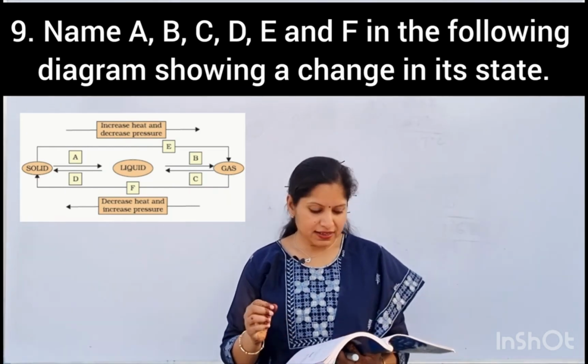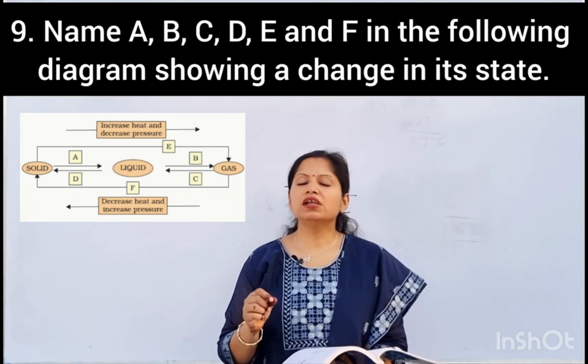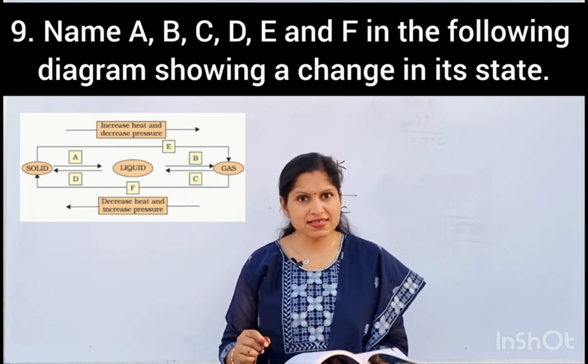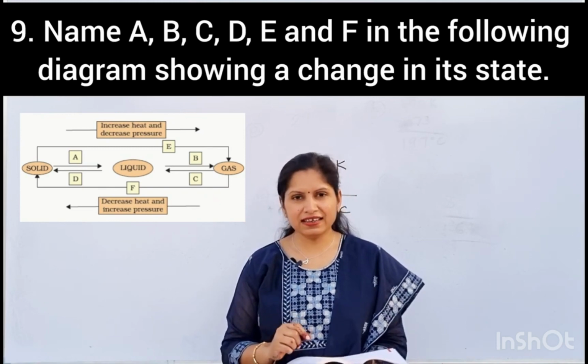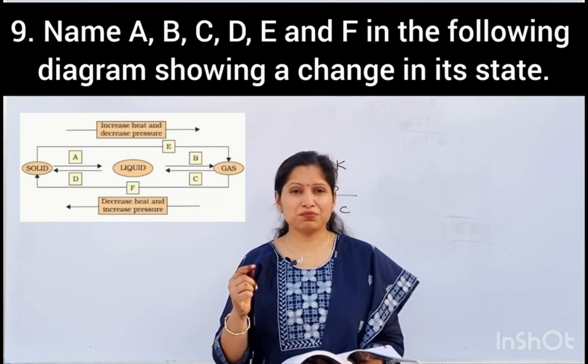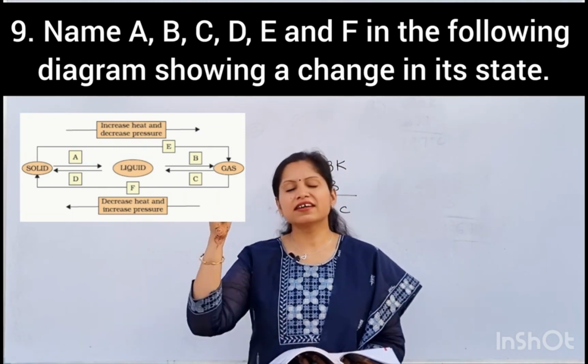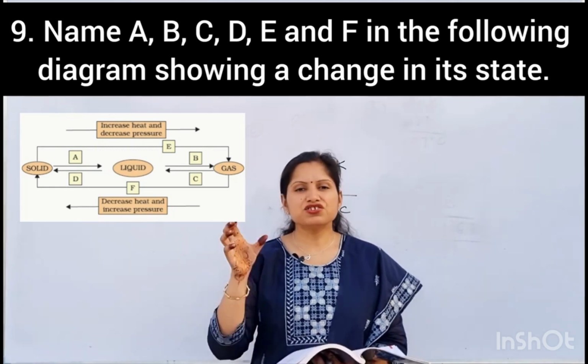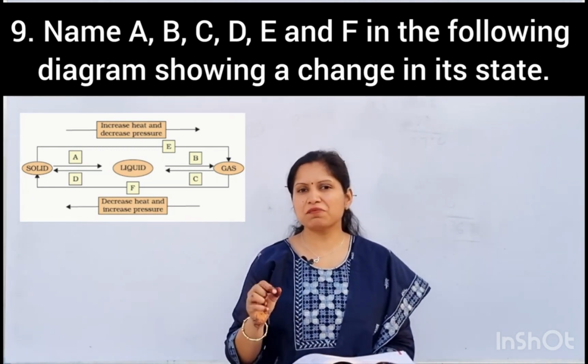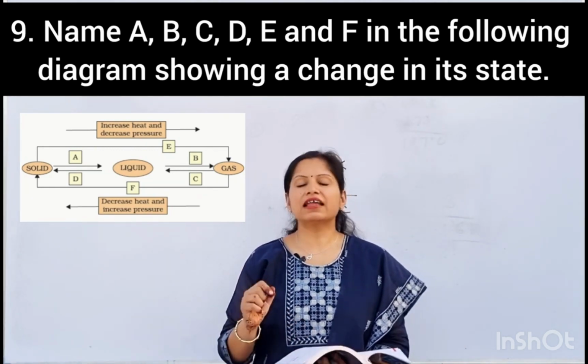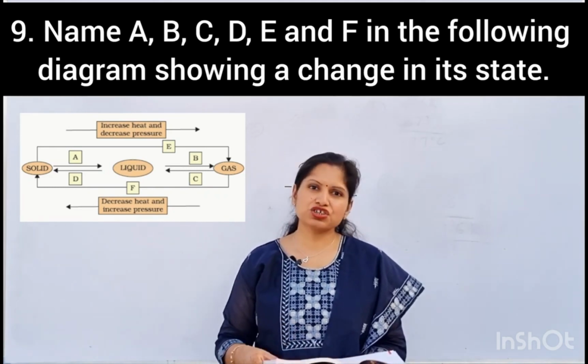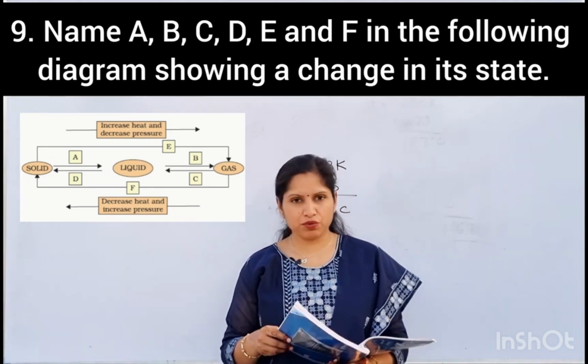Next is C, gas is getting converted to liquid state. So if gas is getting converted to liquid state, that is condensation. हमने अभी स्टार्टिंग में ही देखा था कि हमारे ग्लास में चिल्ड वाटर था, उसके बाहर वाटर ड्रॉपलेट्स आ गए थे. That was because of condensation of water vapors present in the atmosphere.